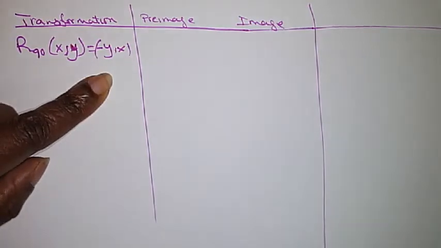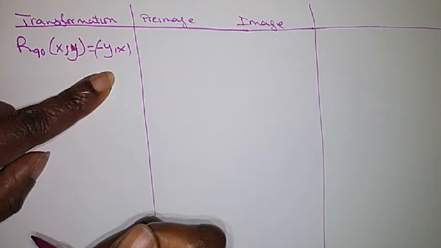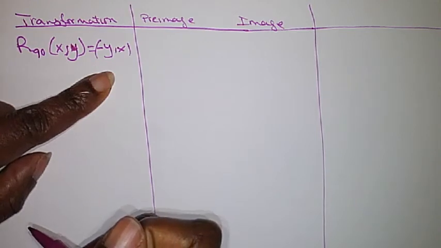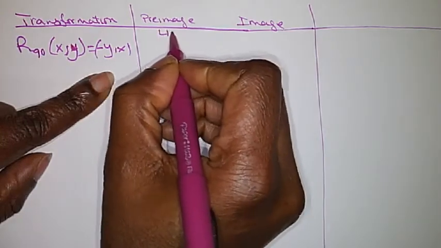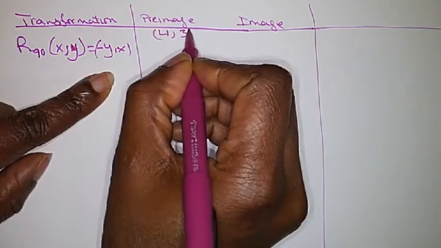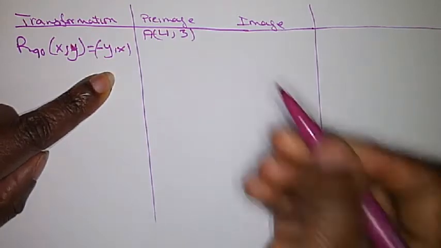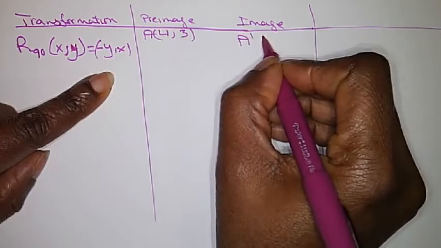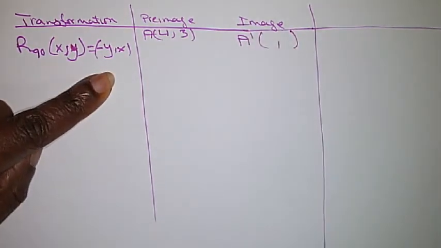Let's use a point, 4, 3. That's my pre-image coordinate point. I need the image of that point under the rotation of 90 degrees counterclockwise.